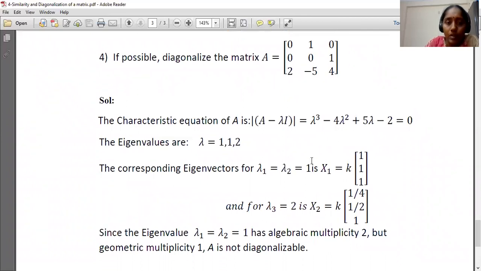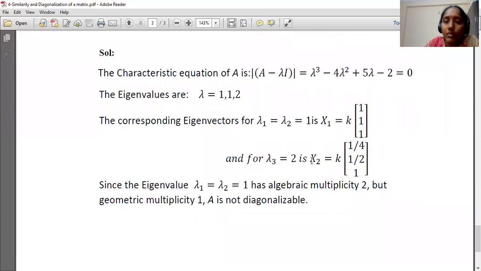The characteristic equation for that matrix is lambda cube minus 4 lambda square plus 5 lambda minus 2 equal to 0. Eigenvalues are 1, 1, 2. The corresponding eigenvector for lambda equal to 1 is 1, 1, 1. Here, for the repeated eigenvalue, there exists only one eigenvector, 1, 1, 1.